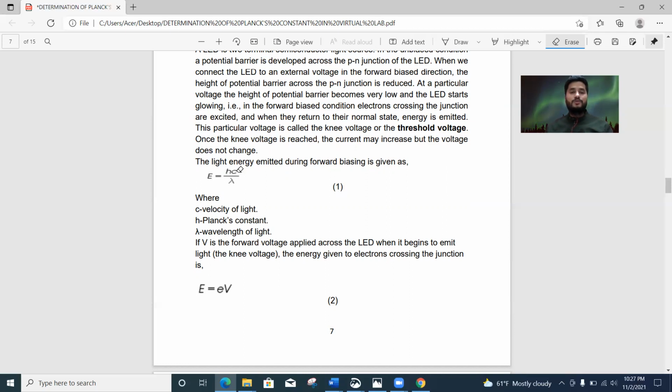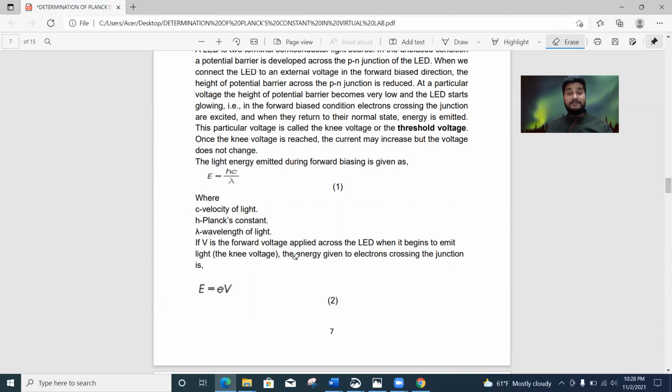So we write E = hc/λ, where c is the velocity of light, h is Planck's constant, which I am going to determine, and λ is the wavelength of light, meaning the different wavelengths of our different LED bulbs. And V is the forward voltage applied across the LED when it begins to emit light, the knee voltage.